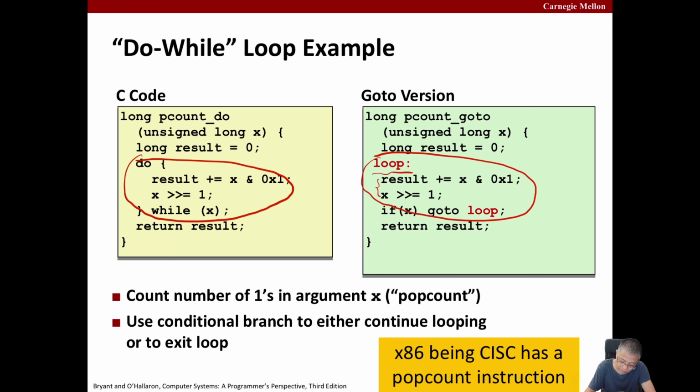At the end of the loop body, you test the condition. If it's true, you go back to the loop. So this is how do while is converted into a goto structure. With this structure, it's pretty easy to convert into assembly.